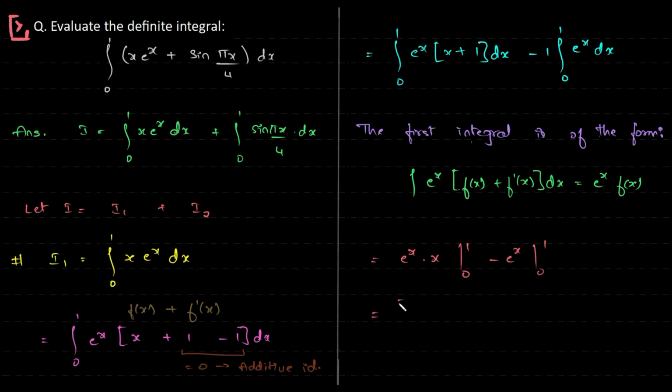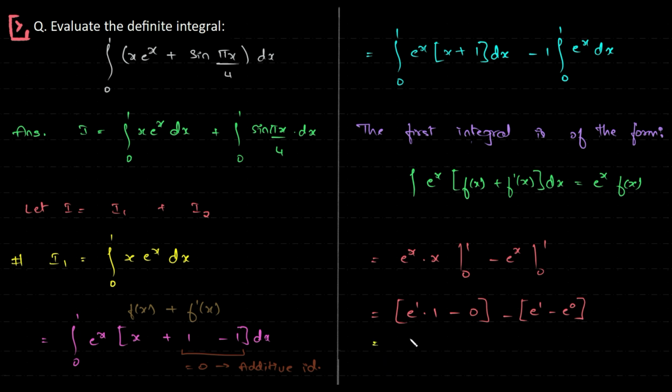And further substitution will lead to e to the power of 1 into 1 minus 0, right? Let's not even bother with that. Minus e to the power of 1 minus e to the power of 0. So this would be e minus e. So this and this will get cancelled, and we have this to be 1. So let me not confuse you guys.